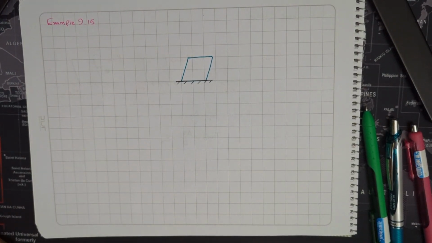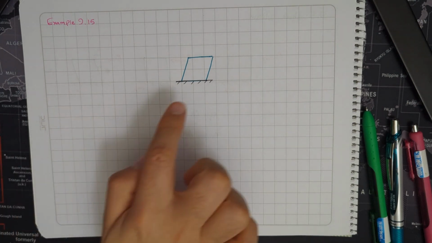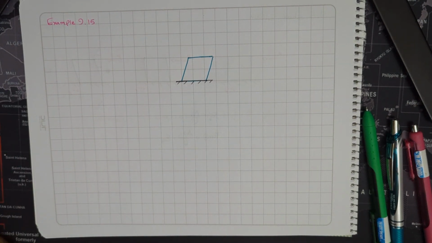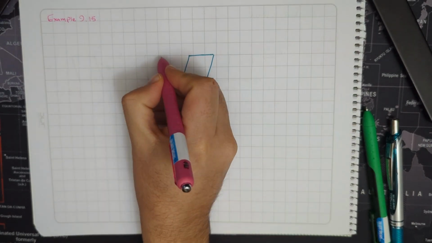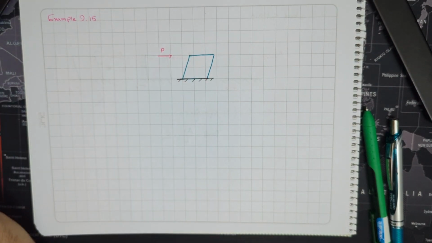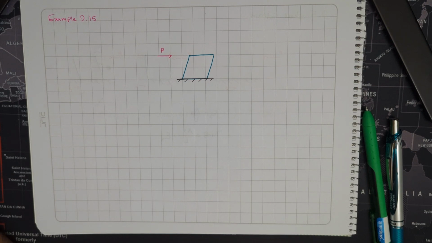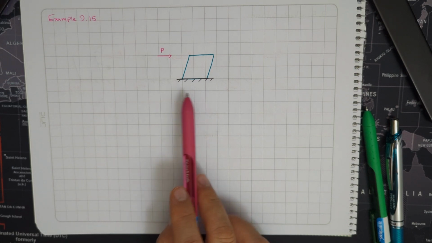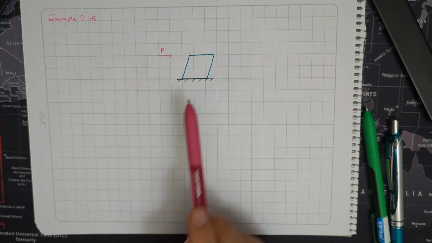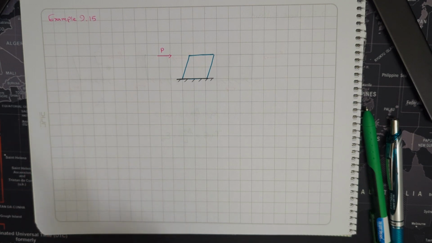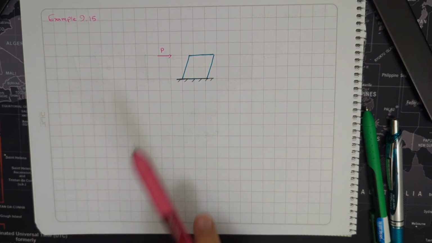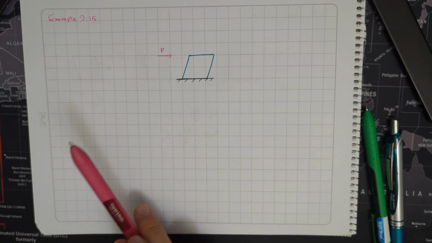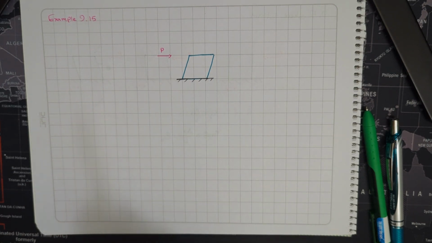Example 9.15. In this figure, assume that the load P is applied at the top of the block. It displaces the top by a horizontal distance of 0.0024 inch with respect to the bottom of the block. Assume that the height L of the block is 1.4 inch.